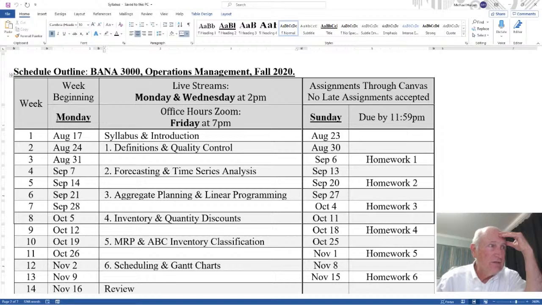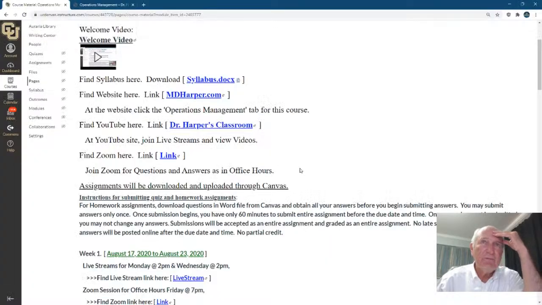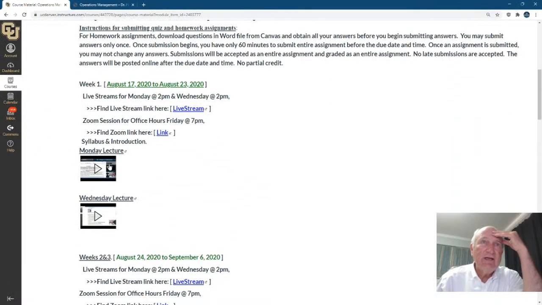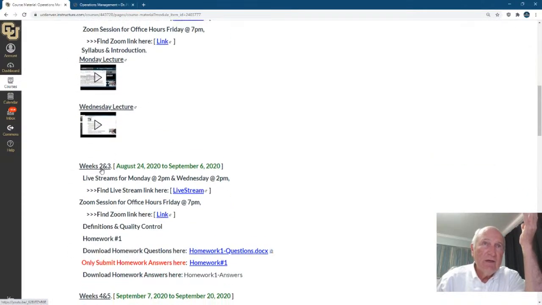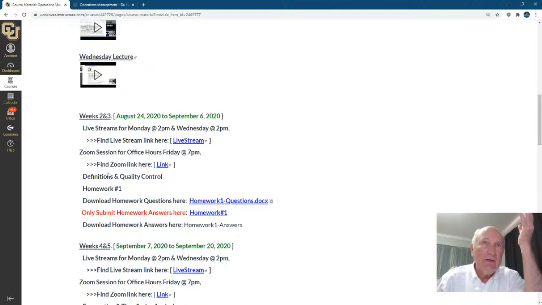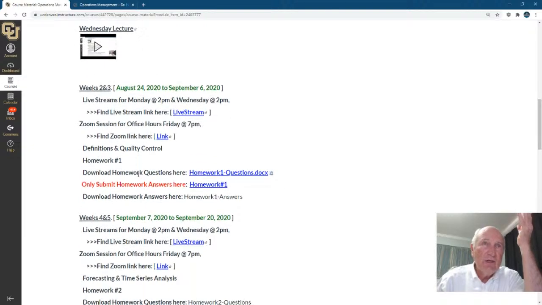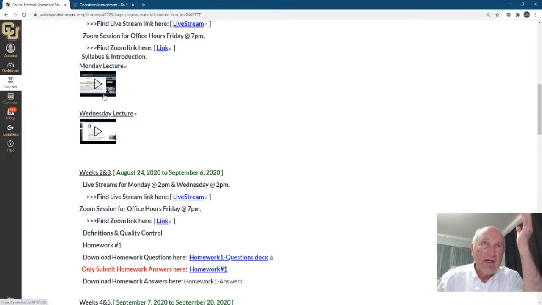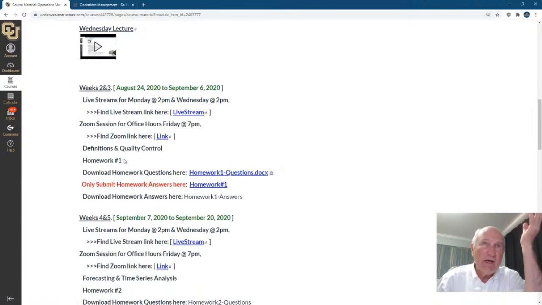Let's go to Canvas to finish up here. And see how these are right here, these links to a video. Down here on the definitions and quality control, there'll be 2 links right here, Monday and Wednesday lecture. They'll be right down here for the homework. Here's the homework. You can start working on it.